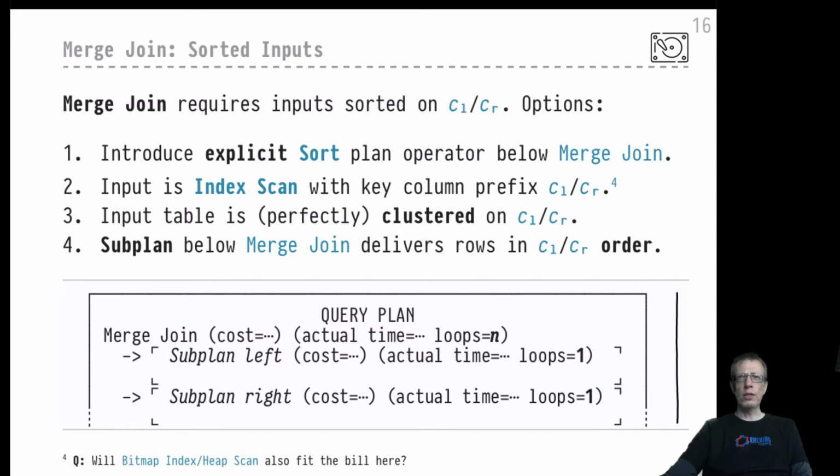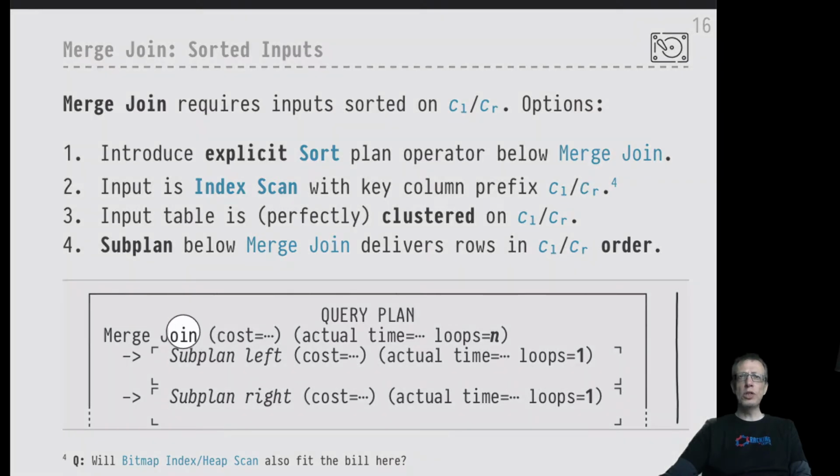Or the subplans below the merge join deliver the result in the required and desired order based on some other circumstances. Maybe the subplan in the left or right hand side plan is based on a merge join. Then this merge join will produce a guaranteed order, an interesting output order, and this could of course be exploited by this top level merge join here.